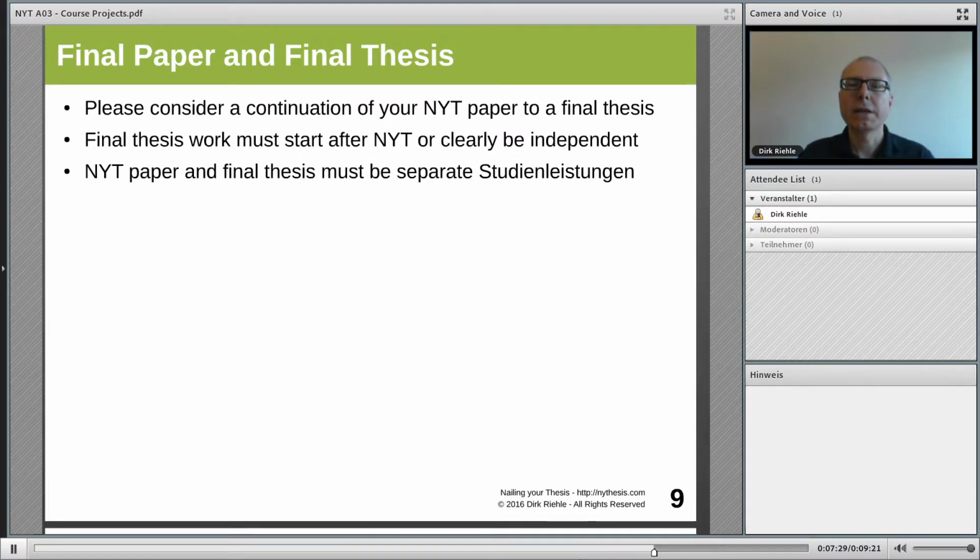So then, if you're really into research, and of course we hope to ignite that spark for world-class research in you, you can use Nailing Your Thesis as the on-ramp for a final thesis with us.